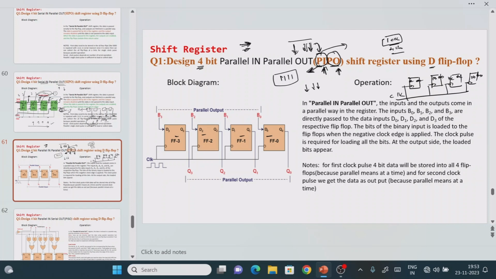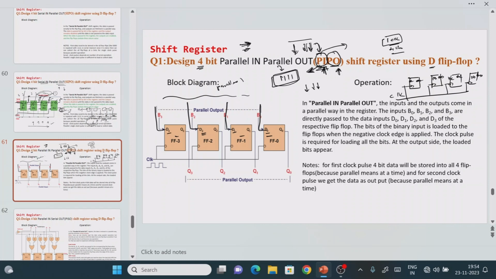What I told you? Parallel means at a time we can push the multi-bit data inside your flip flops, right? Here D is the input, right? So at a time this first flip flop input, second flip flop input, third flip flop input, fourth flip flop input. So this is what we call the parallel in.